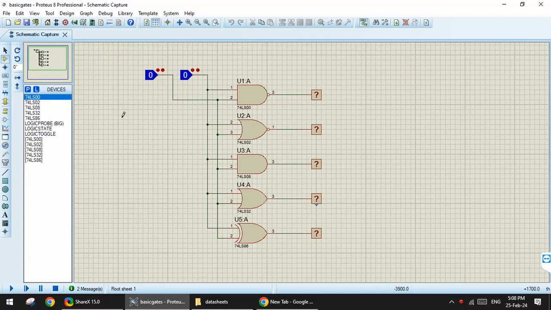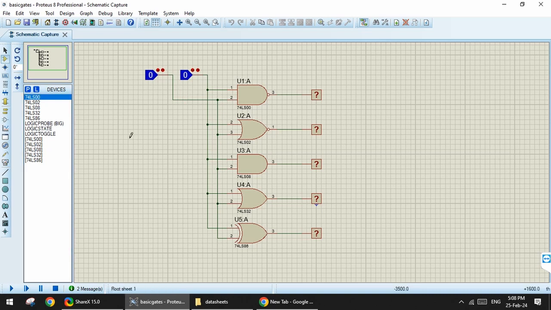We placed these two input logic gates and we applied inputs and observed outputs. So the inputs in the Proteus environment are basically logic states, and the digital outputs can be observed using a logic probe.